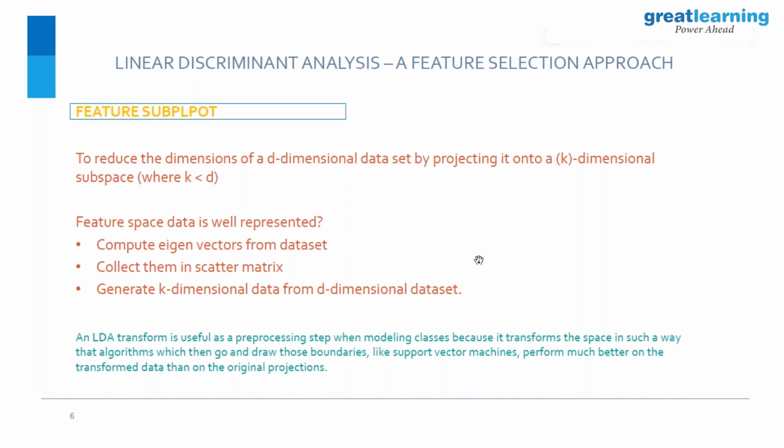What we must know is whether our featured data set, which is all the variables, is well represented. If the variables are all well represented, we can compute what are called eigenvectors. My obvious request to most of the people at this point would be, please understand what an eigenvector is.